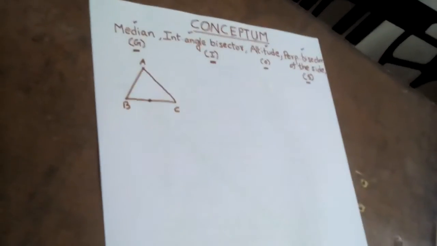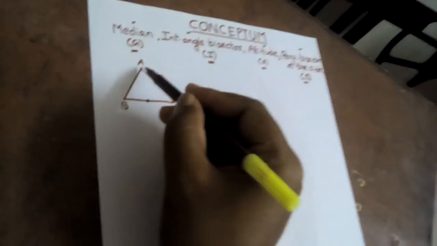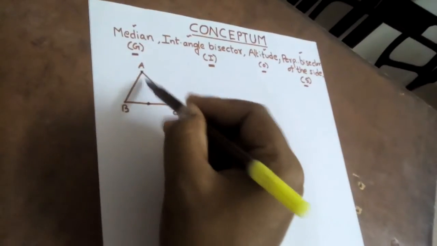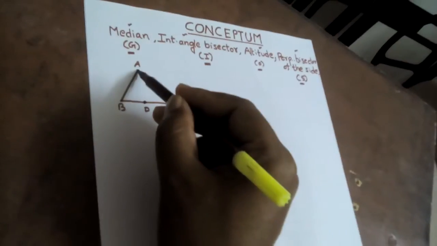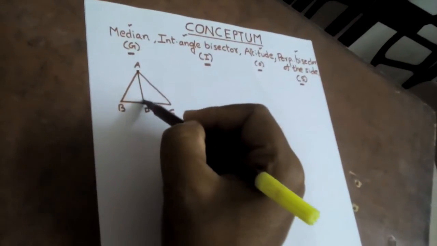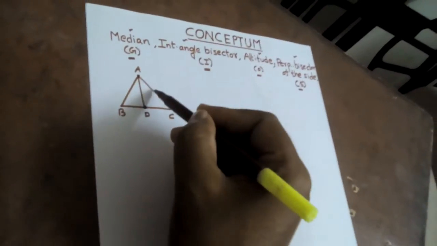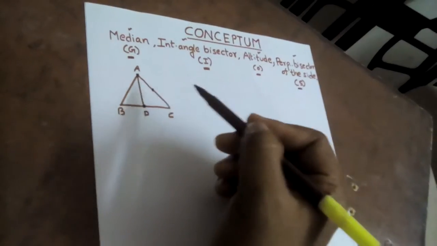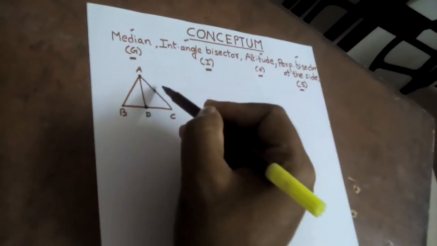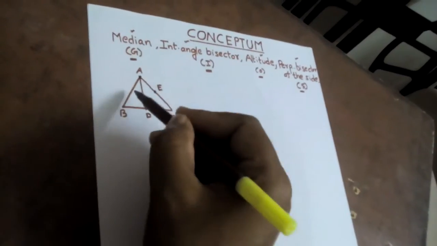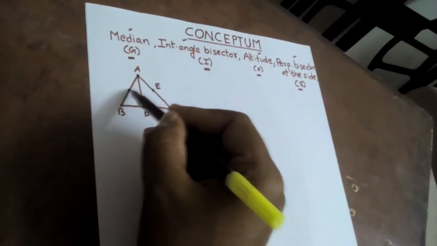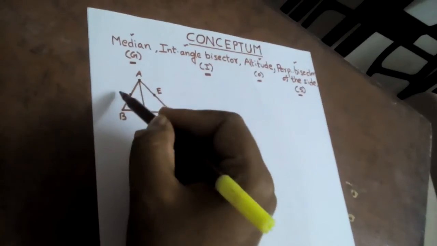Next we have to join these 2 points. Say this is D, we have to join these 2 points, and again here also we have to find out the midpoint, and we just name it as E, and one more midpoint for the side AB.